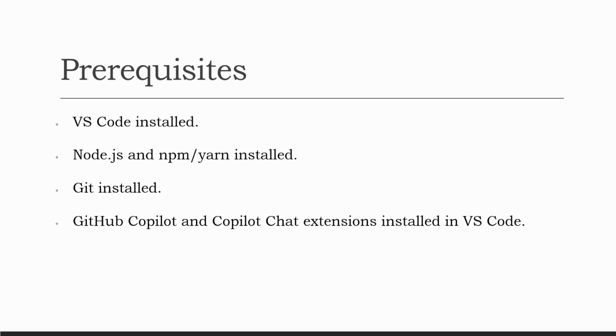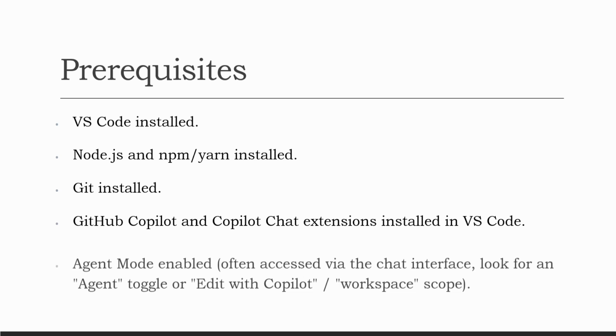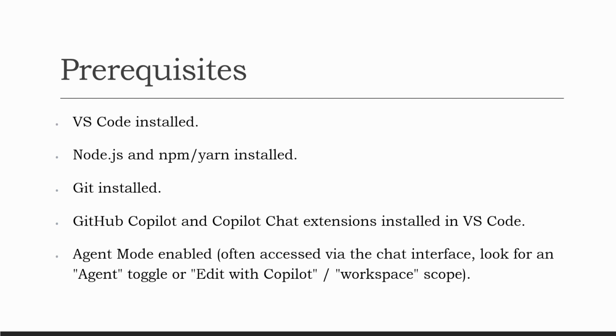You also need agent mode enabled, which is accessed through the chat interface, so look for an agent toggle or an edit with Copilot workspace. I'm going to show you how in the next session.